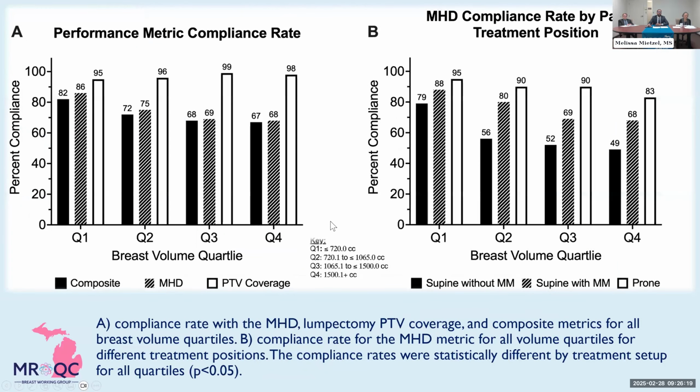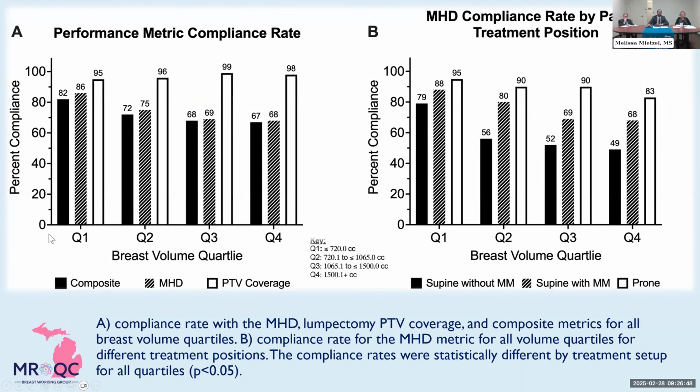So we're going to be looking at 2 figures here. Initially, we're going to be focusing on figure A on the left. The x-axis has the different breast size quartiles, which are shown here again for reference. Quartile 1 consists of patients with the smallest breast sizes, and quartile 4 consists of patients with the largest breast sizes.